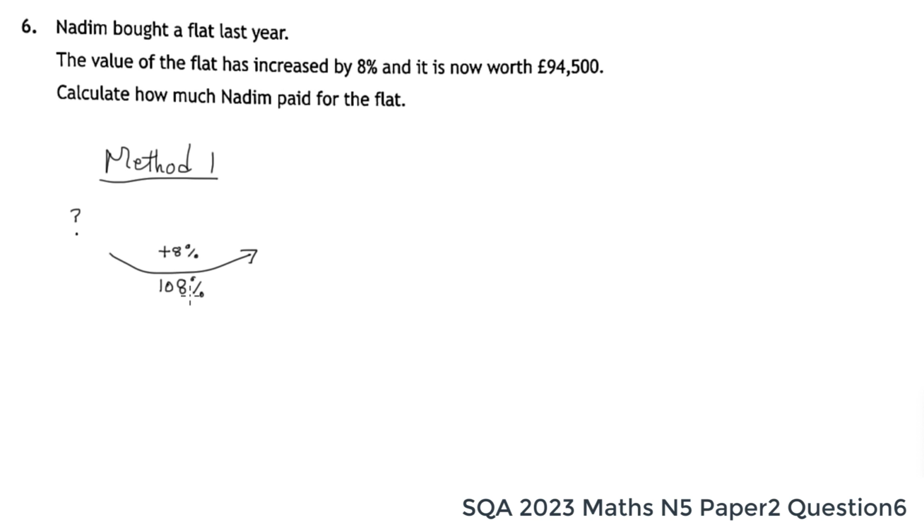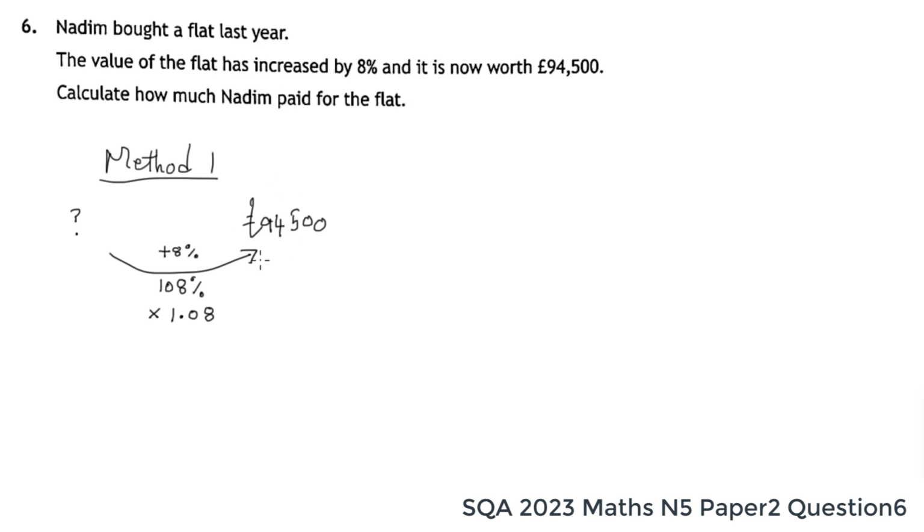Now, to find 108% of something, you multiply by 1, that's the 100%, plus 0.08, that's the 8%. So it's a factor times 1.08. The result, as we're told, is £94,500.